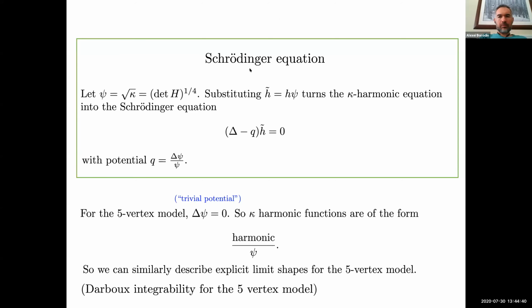So there was a comment in the chat by Fabio that with Giuliani and Mastropietro, they proved GFF for interacting dimers. I wonder whether there is a non-trivial kappa there or not. So maybe Fabio could say that. Yeah. In that case, let me make it more precise. We prove these fluctuations only in the case where you take the translation invariant measures, so we don't have non-trivial limit shapes.